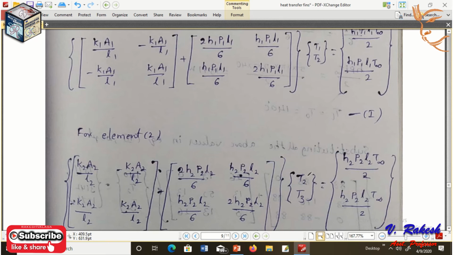The temperature nodes for element 2 are 2 and 3. So take T2 T3 equal H2 P2 L2 T infinity by 2 into 1 1.